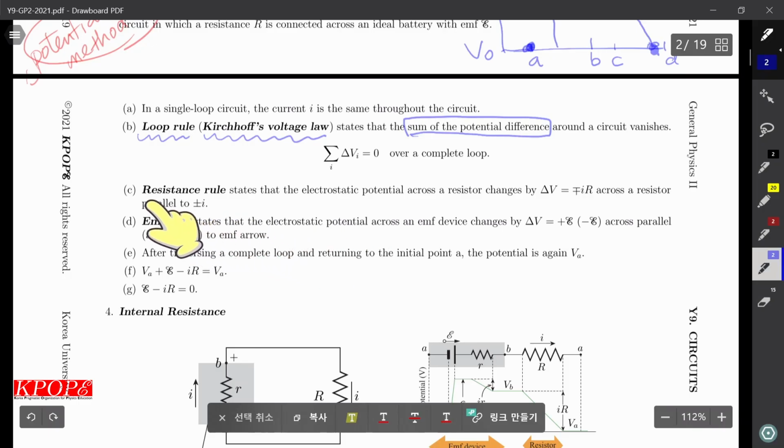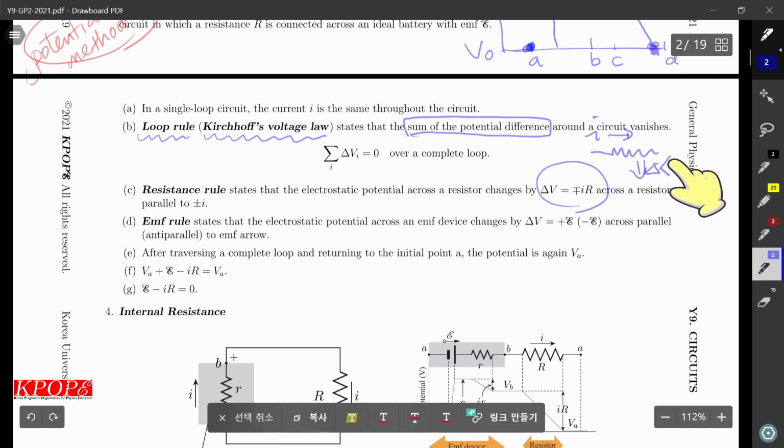The resistance rule states that the electrostatic potential across the resistor changes by delta V equals IR. If you follow the direction of current I, then the potential decreases.